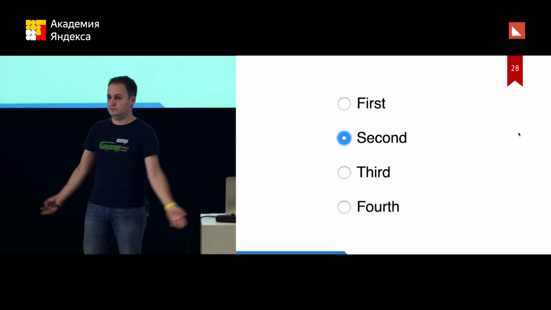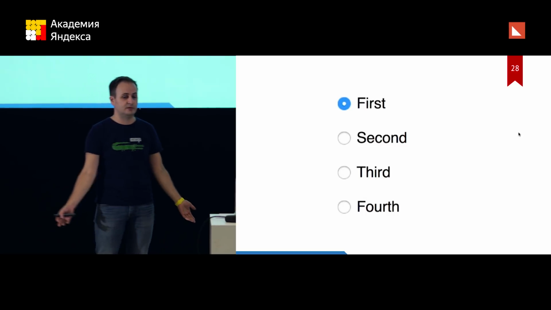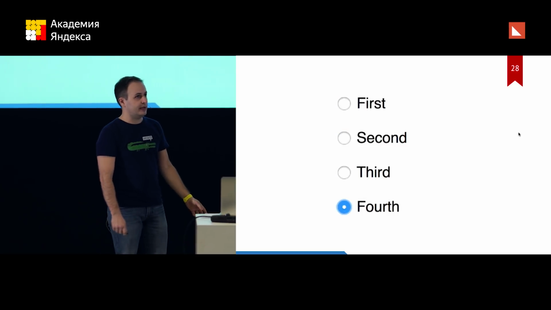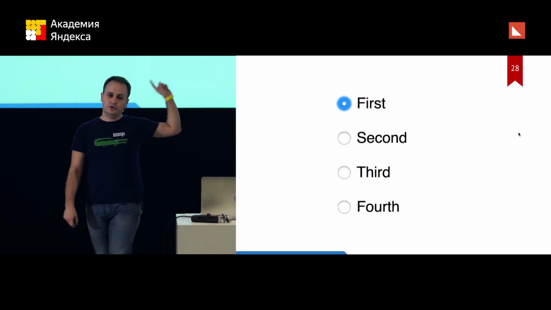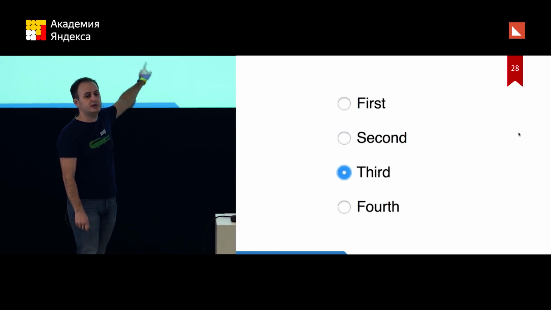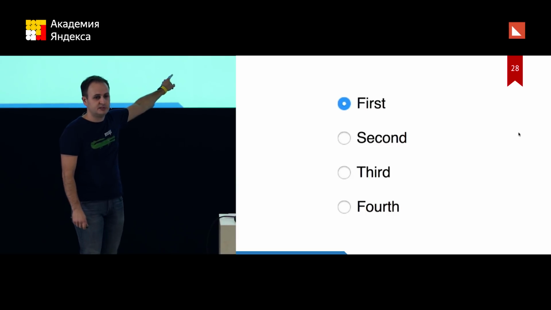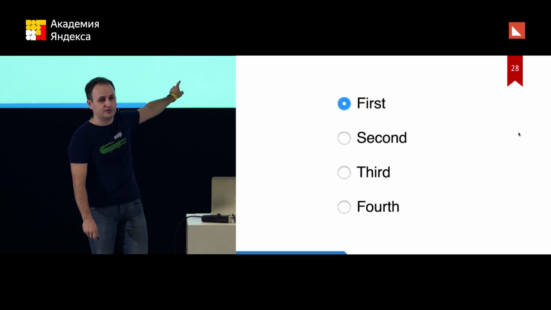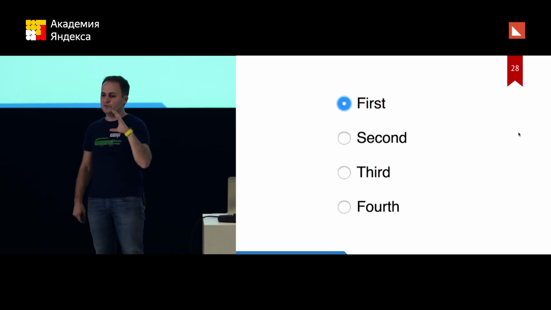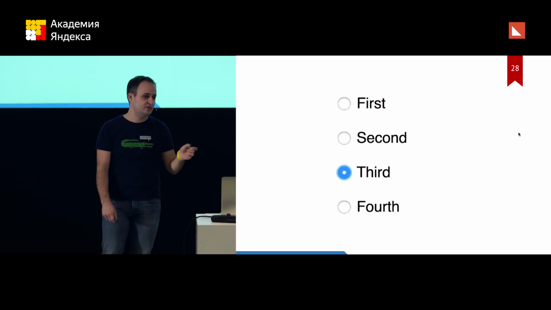What could be difficult with a radio button list? Currently you see not a single control. Not four controls. You see actually a single control, because all of them are linked with a name attribute.